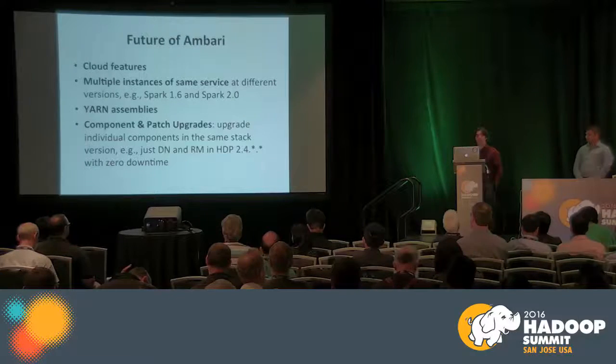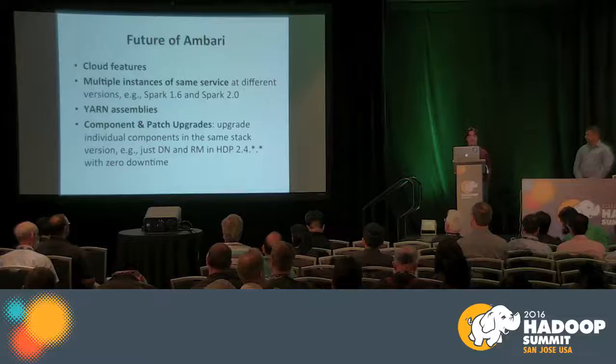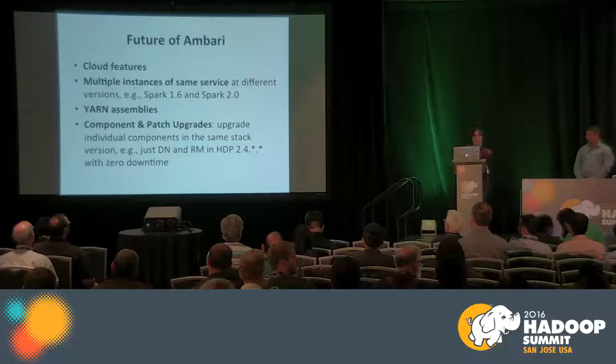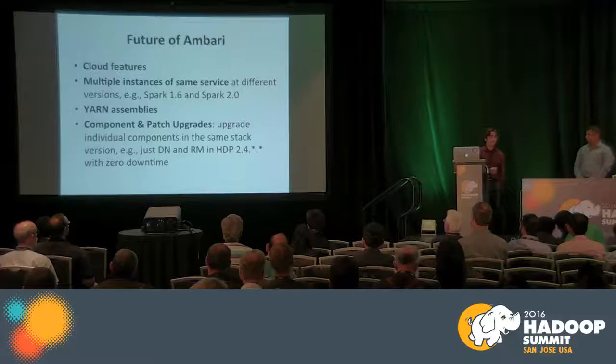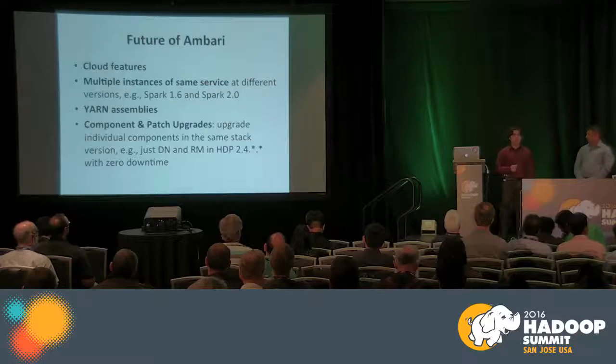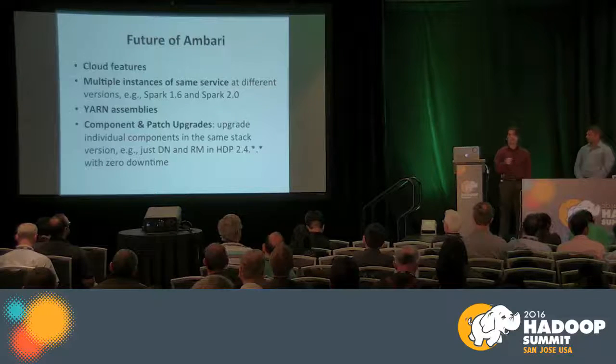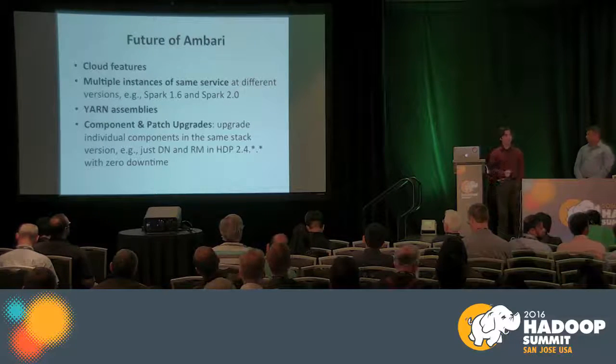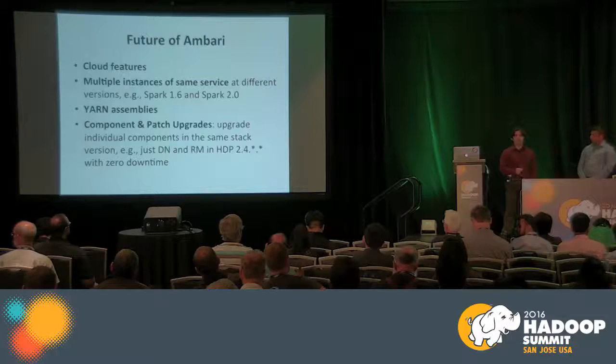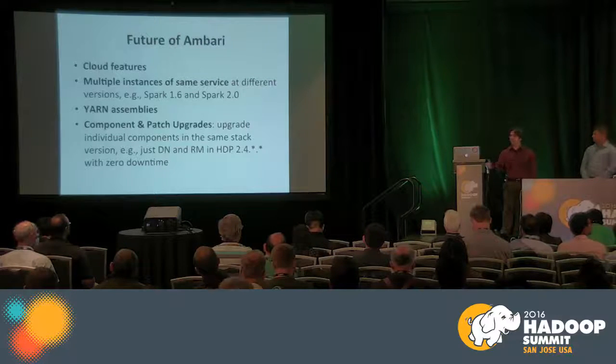There's also the notion of YARN assemblies. There have been a lot of talks about apps running on Slider, and these will become first-class citizens in Ambari. Lastly, there's a need to do component-level upgrades or patch-level upgrades. What if in your cluster you just want to upgrade DataNodes, or only patch a single jar across the entire cluster?